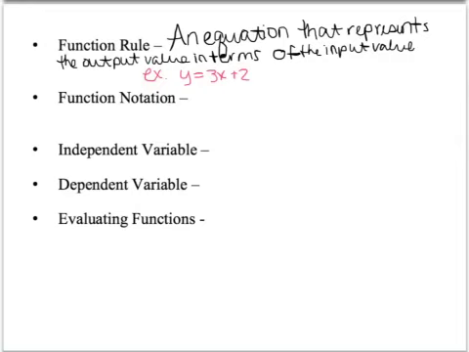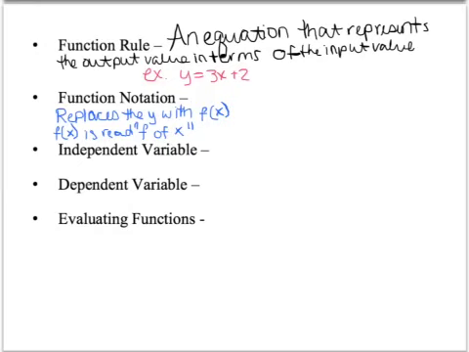What function notation does is basically it replaces y with f of x. And you should probably know how we read that. f of x is read as "f of x."